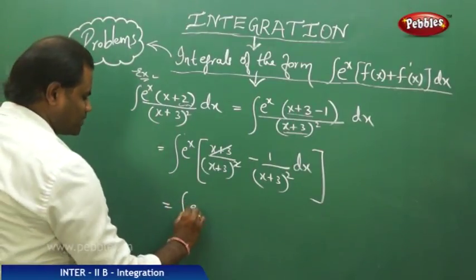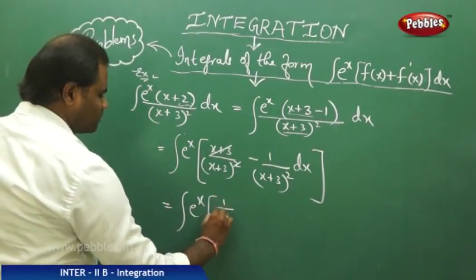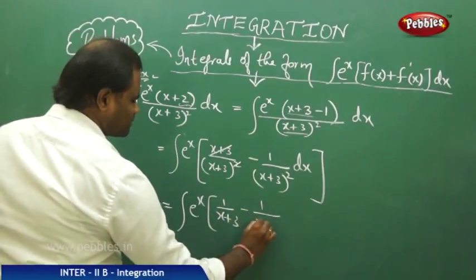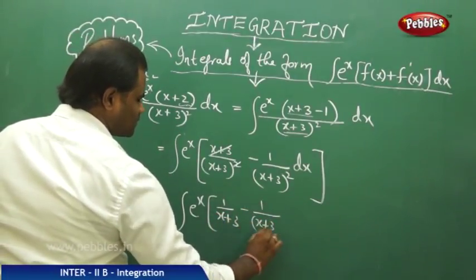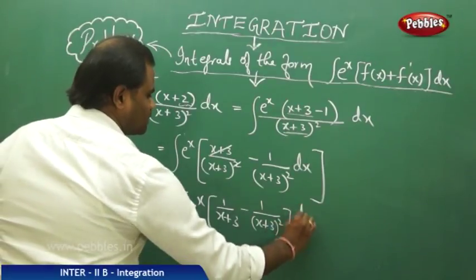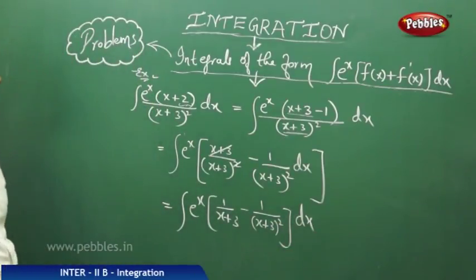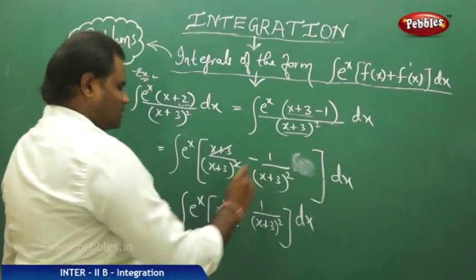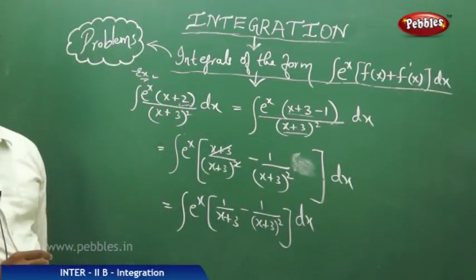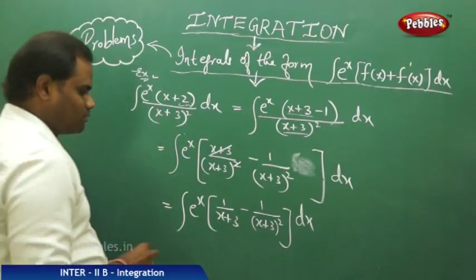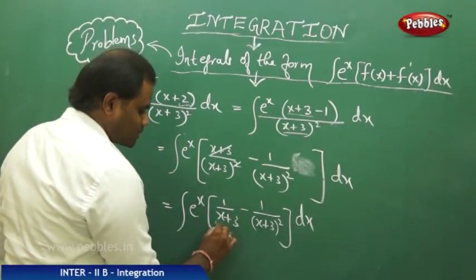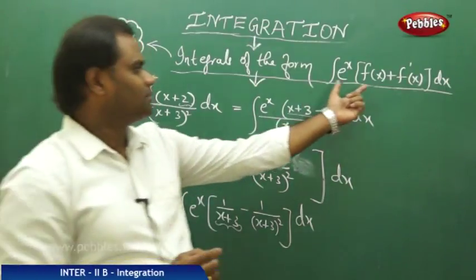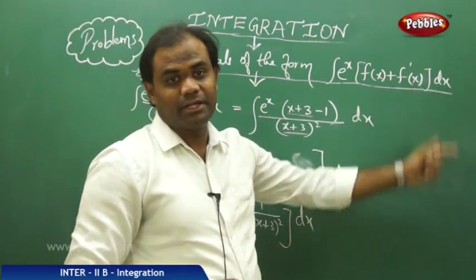This reduces to the form integral e power x of 1 by x plus 3 minus 1 by x plus 3 whole square dx. So this is the final representation. Say I take this as function f of x. Let's see if the other term gets to be f dash x.